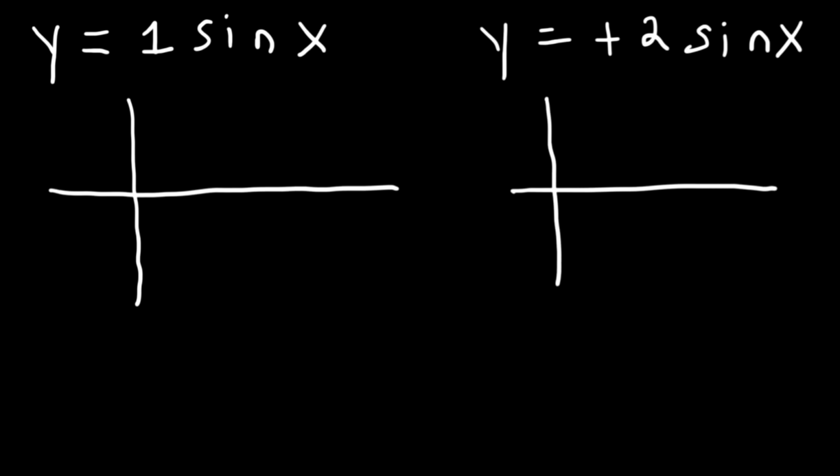Now, the first one is going to have an amplitude of 1. So it's going to vary between 1 and negative 1. Now, the second one, the amplitude is doubled. It has an amplitude of 2. Whatever number you see in front of sine, that is the amplitude. So it's going to alternate between 2 and negative 2.